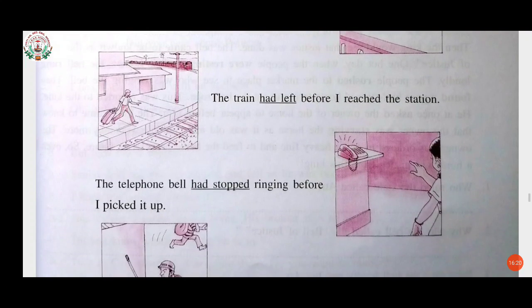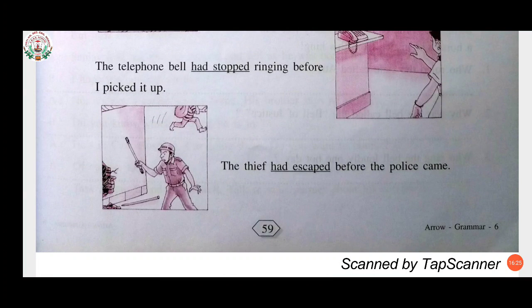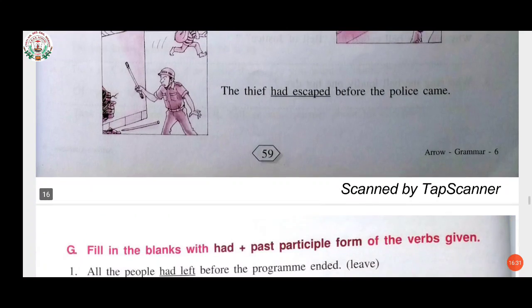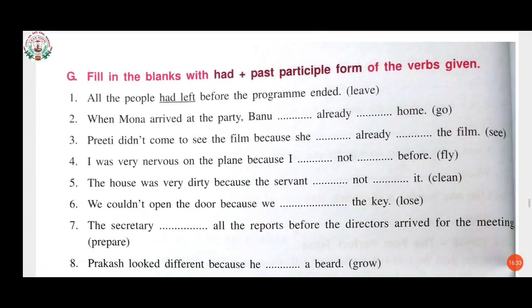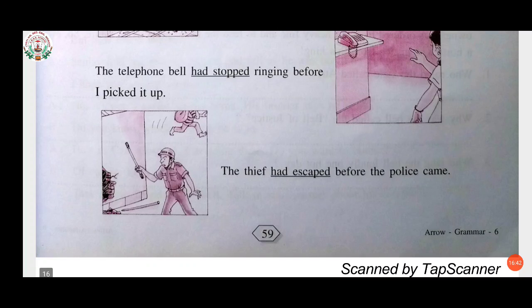The train had left before I reached. The telephone bell had stopped ringing before I picked up. The thief had escaped before the police came. Now G1, fill in the blanks with had and past participle. As we have gone through all these questions, here in the blanks you can see that we have used had, and while using had, with that we are using the third form of verb, that is also called past participle.